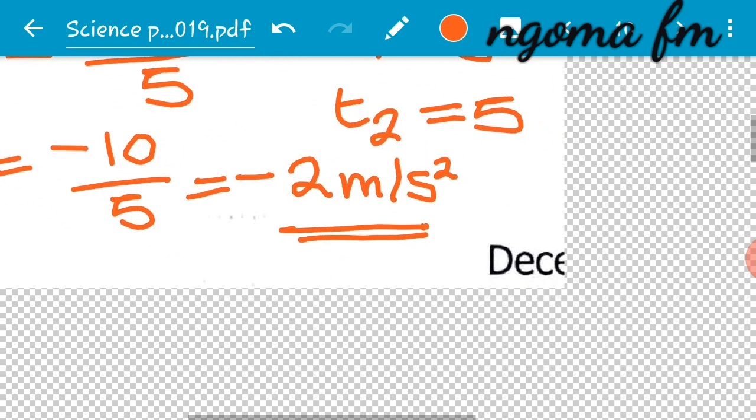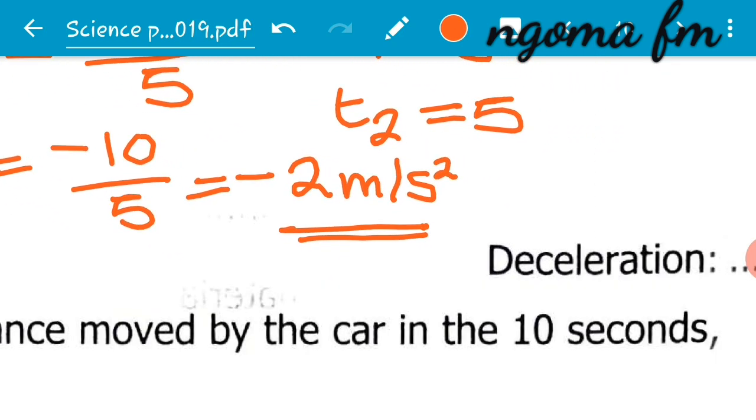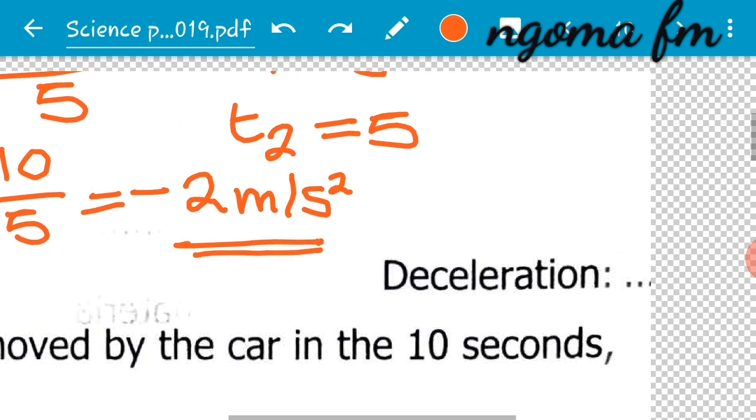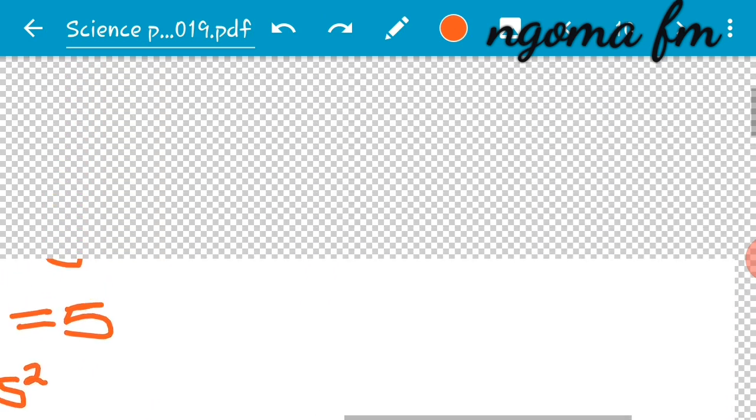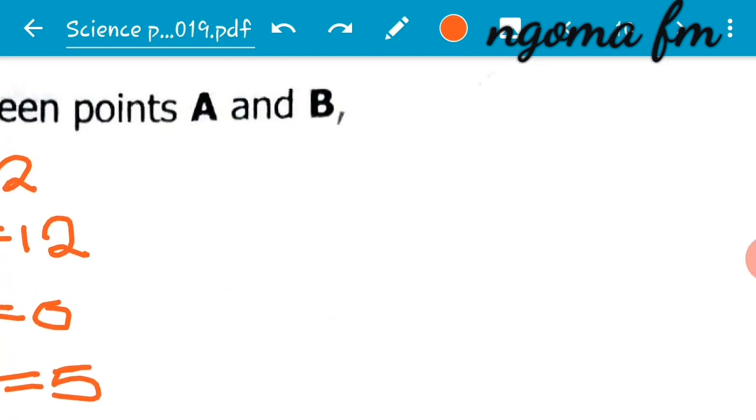Now remember, this is acceleration and not deceleration. The question asks us to find the deceleration. So what is the negative of this acceleration? To find this, we just have to find the negative. So deceleration will be acceleration times -1.